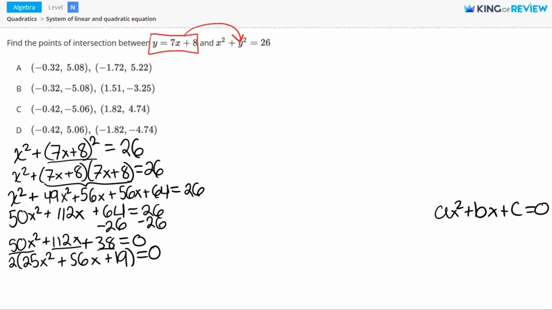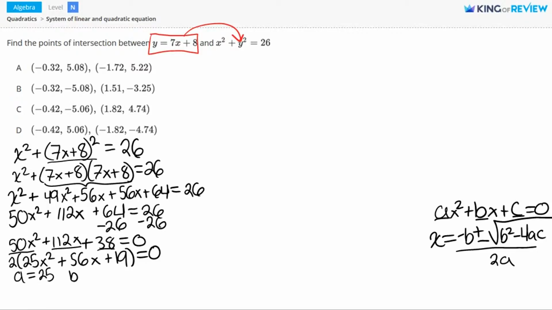When we have an equation in this form, we can use the quadratic equation to solve for x. The quadratic equation is x equals negative b plus or minus the square root of b squared minus 4ac, and this is all divided by 2a. The a, b, and c terms come from these numbers here. So in our equation, a equals 25, b equals 56, and c equals 19.